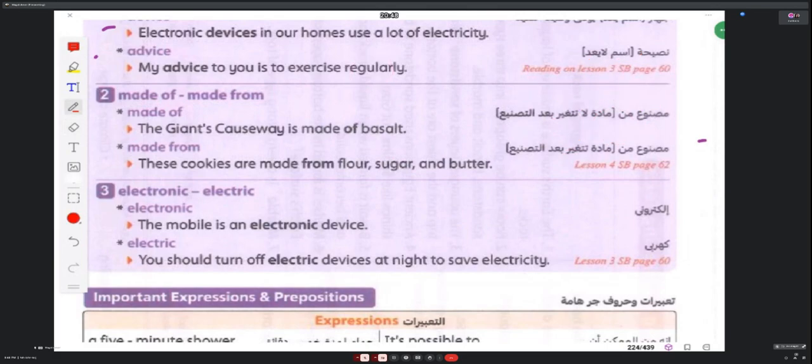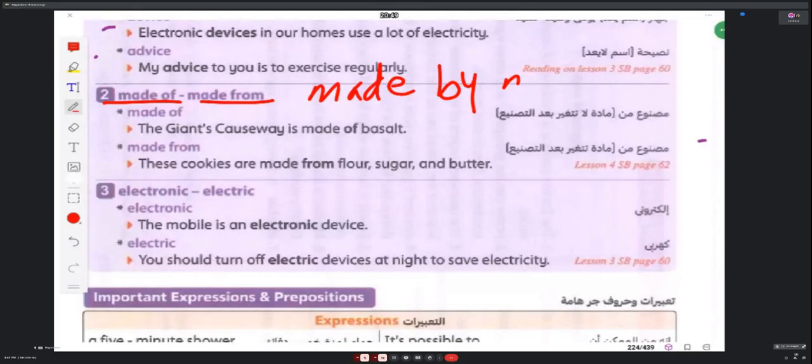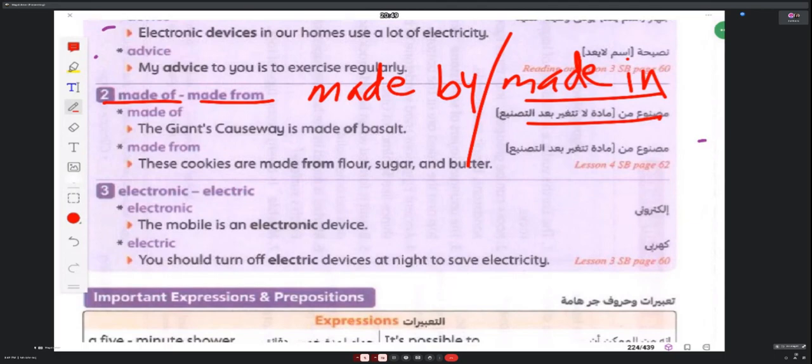Made of, made from, made by, made in. Made in a country or a city. Made in Egypt, made in Cairo, so a country.